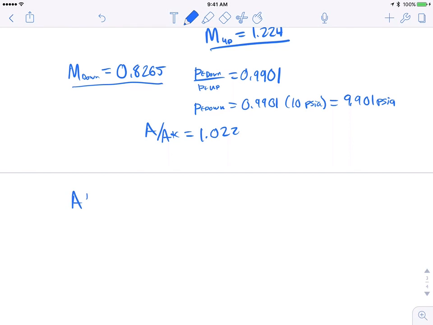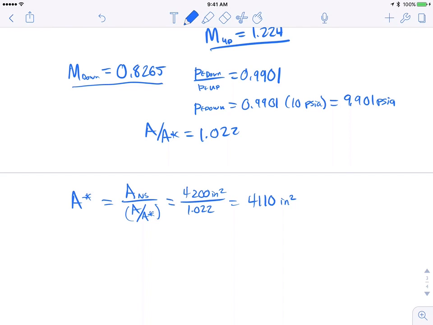And so our new throat area, our new A star, is going to be equal to our area at the position of our normal shock divided by this area over A star. So 4,200 square inches over 1.022 is equal to 4,110 inches squared. So we've got a slightly different reference area now that we've gone through that shock wave.